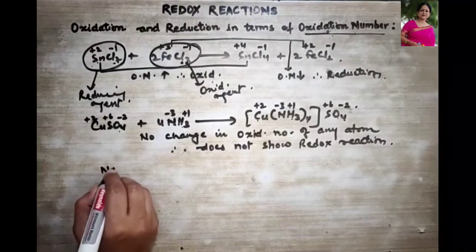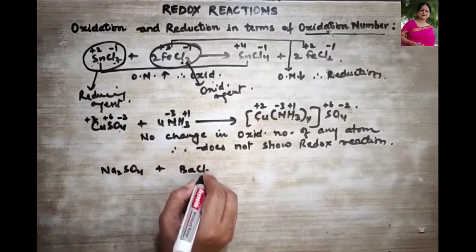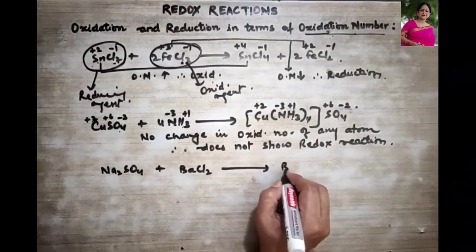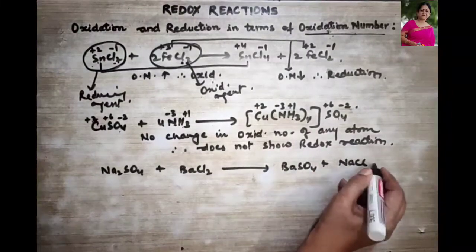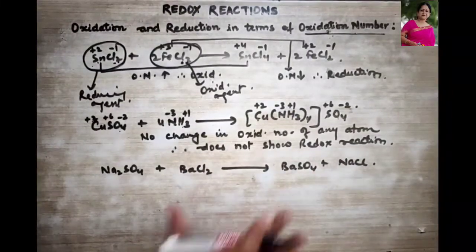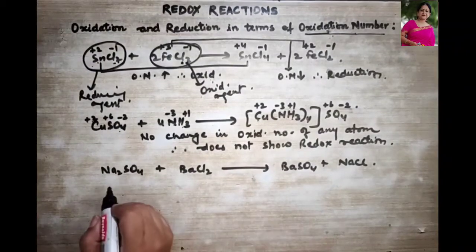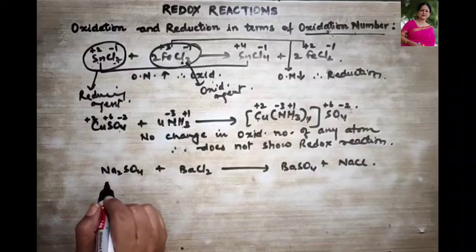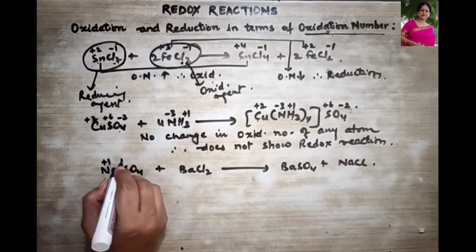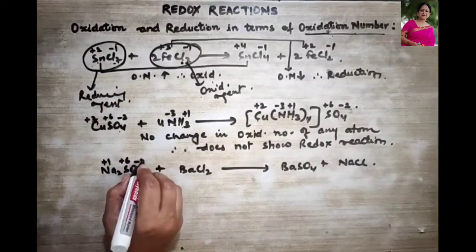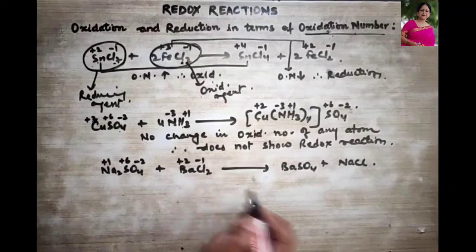Okay, let me give you one more example to show you the same thing, like Na2SO4 with BaCl2 gives BaSO4 plus NaCl. Let's see whether this reaction is a redox reaction or not. So let's go ahead finding out the oxidation numbers. For sodium it is +1, for sulfur +6, and for oxygen -2. For barium it is +2, for chlorine it is -1.